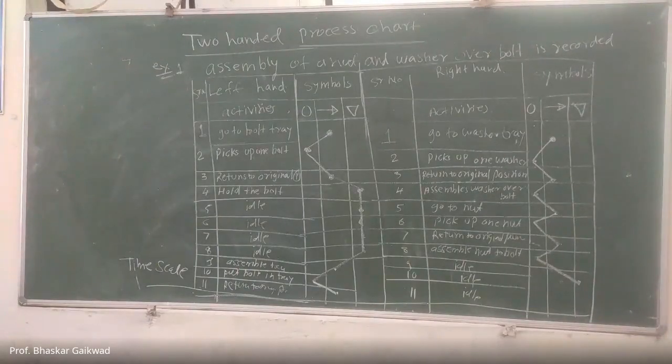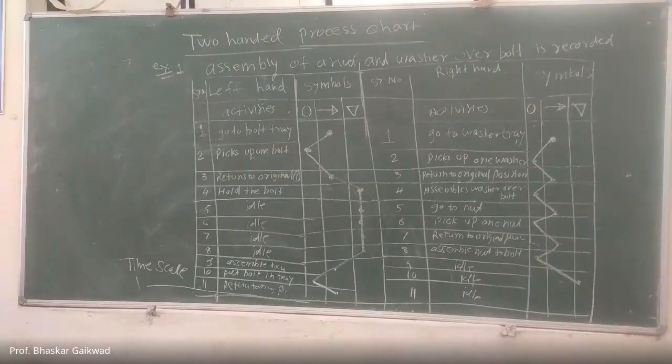By this graphical presentation, it shows that there is no equal work given to each hand. Now, is it possible to make equal work for both hands? That we have to search through this two-handed process chart. Actually, as per standard study, it is expected to give equal effort to both hands.